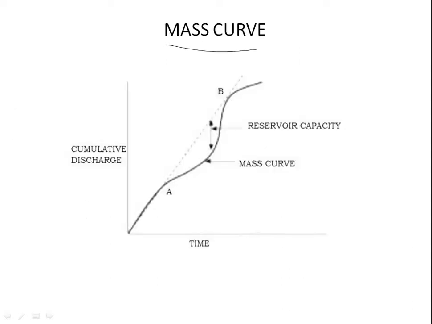Mass curve. We have plotted a graph of cumulative discharge versus time. You can see this portion is a mass curve and this is the reservoir capacity. The reservoir capacity is shown here with the upward arrow mark and downward arrow mark.